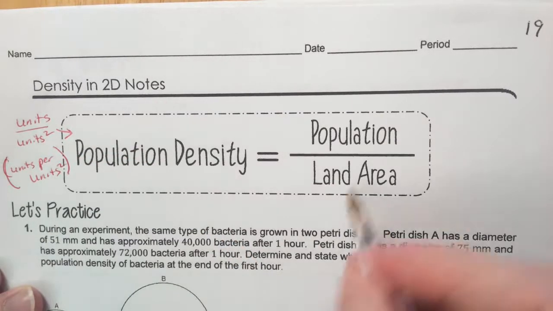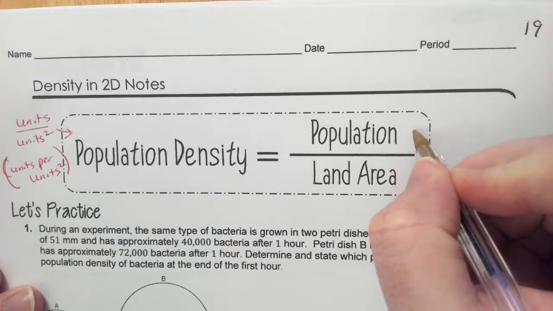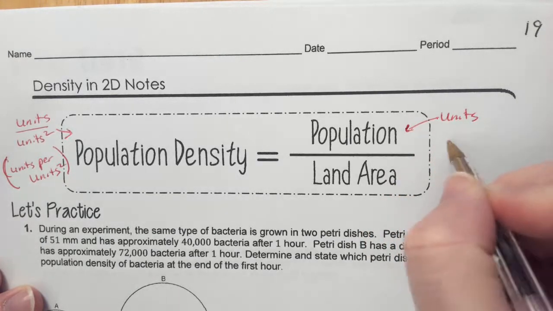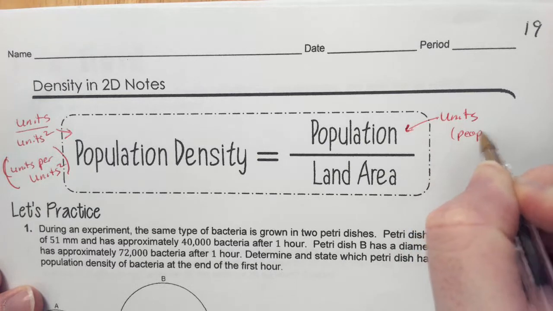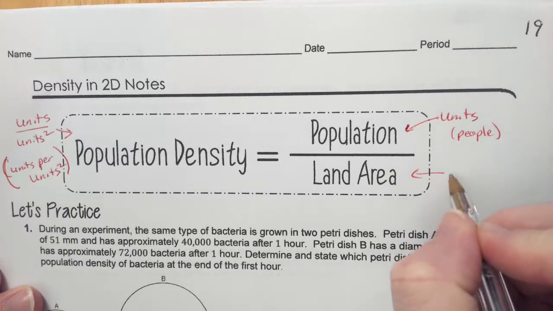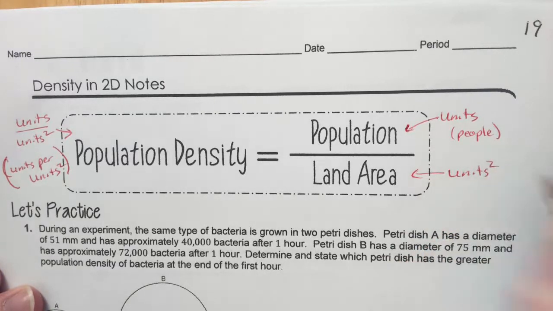The population will be in units or people, and the land area would be units squared. Pretty simple, right?